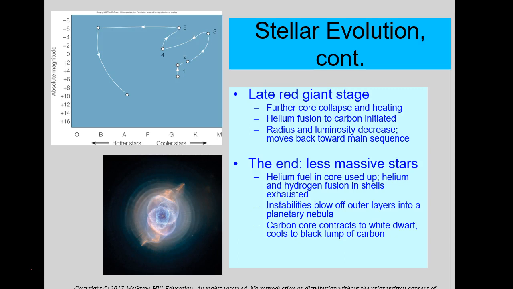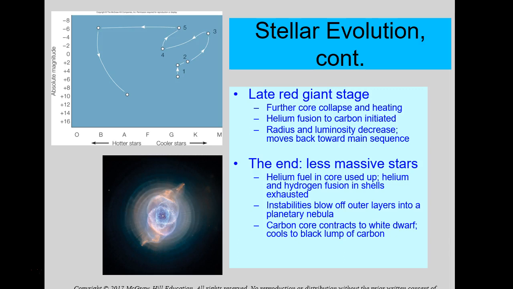There are a few different types of outcomes based on how much mass is actually there. First of all, we're going to start with the less massive stars, the smaller stars, things on the order of the sun and below.